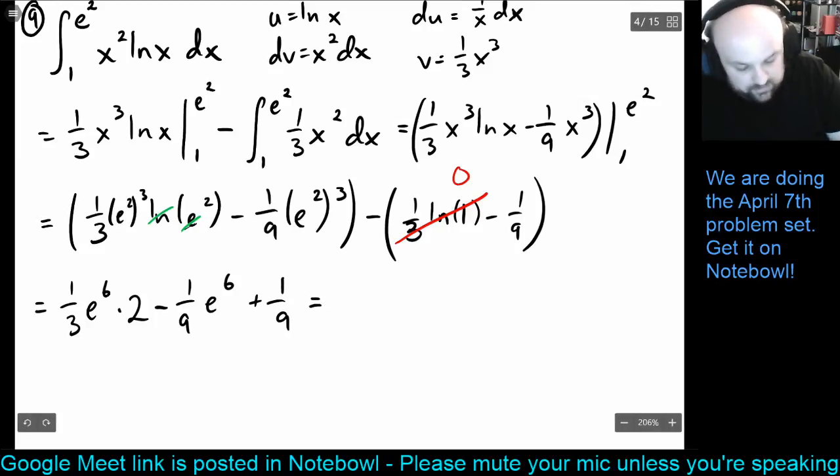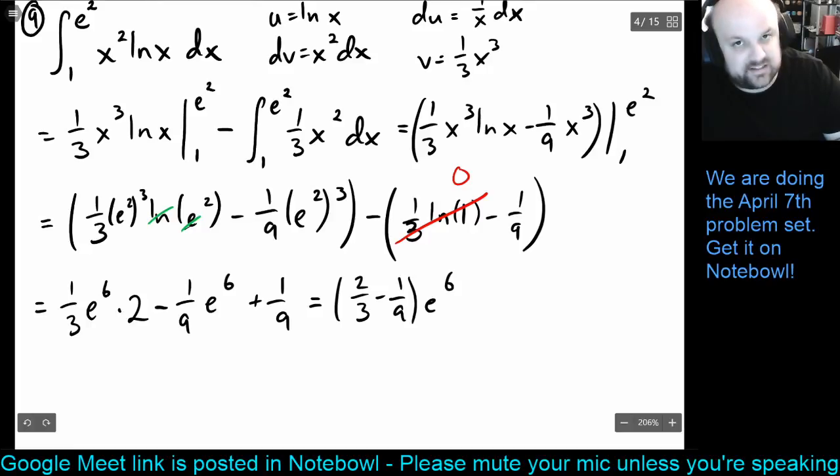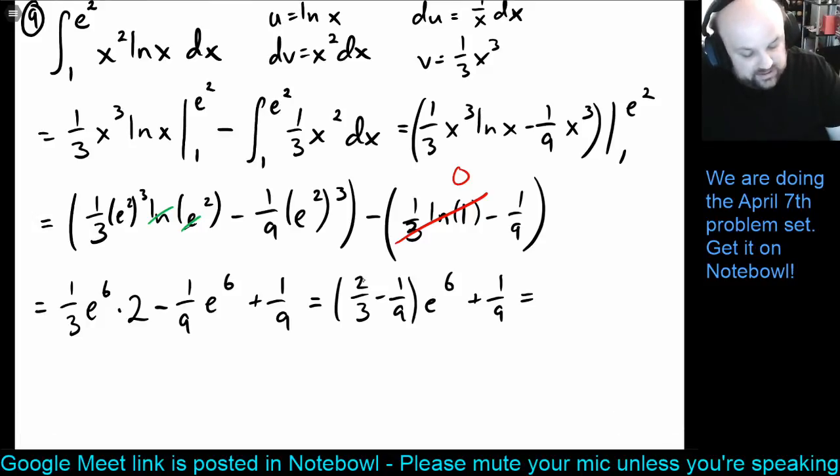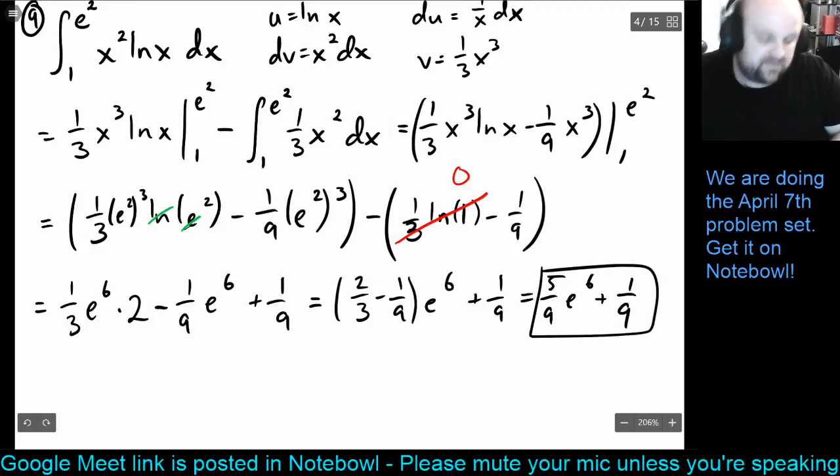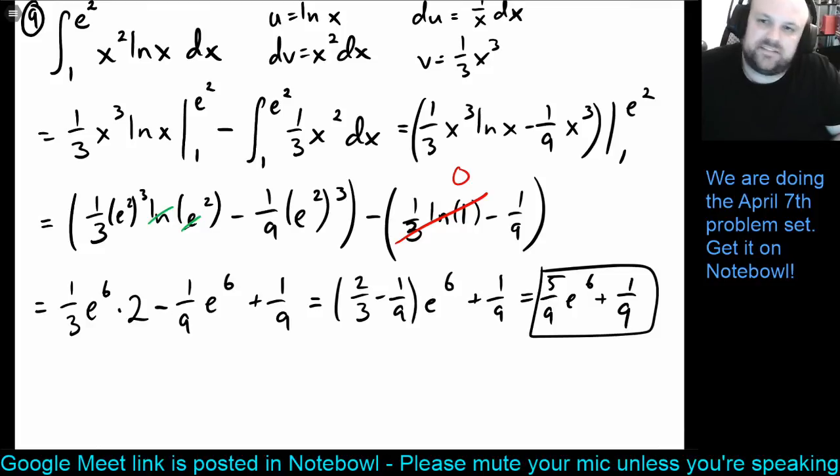So if we want to simplify this, this is 2/3 minus 1/9 e to the 6th. Both of these have an e to the 6th in it. Plus 1/9. And so let's see. This is 6/9 minus 1/9. We got 5/9 e to the 6th plus 1/9. So it's possible to simplify that, of course, but not a big reason to.